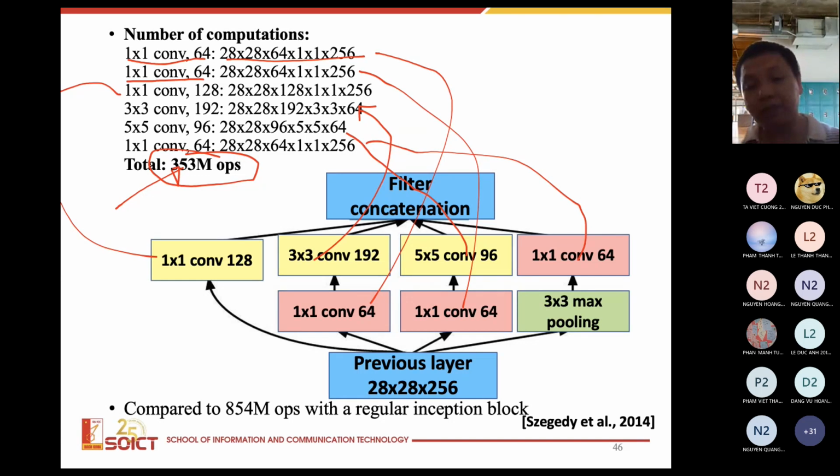Another question from Trần Quốc Khánh: why is CNN better than a fully connected network in image classification? For this question, I understand that you want to compare CNN to a fully connected neural network.